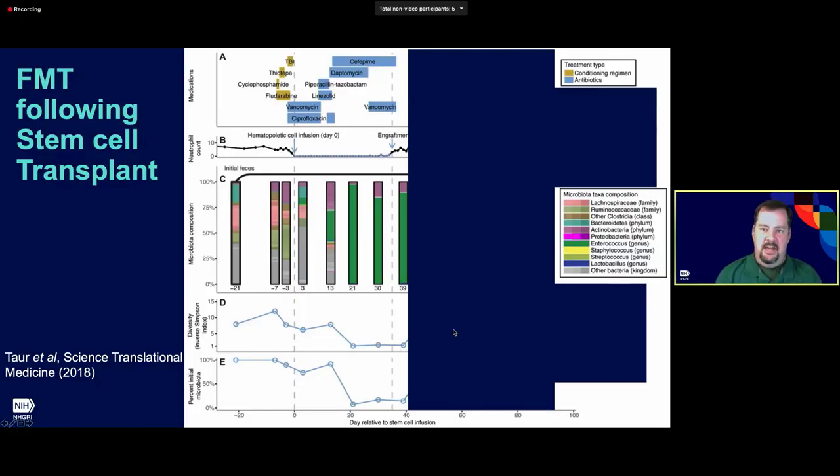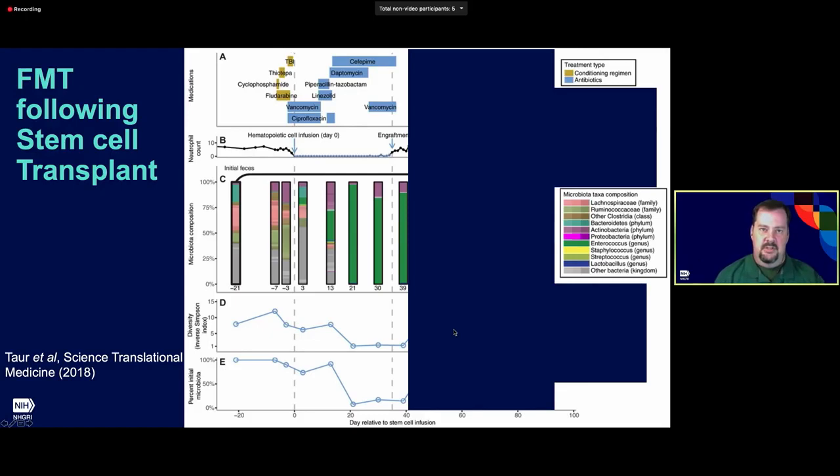I've blacked out the right half of the plot just to focus you for a moment. What you can see is that as a function of time going from left to right, this individual received a bunch of different treatments that are shown in brown. Those are conditioning treatments that are part of what they use to ablate the bone marrow so that they'll be able to receive the stem cell transplant.